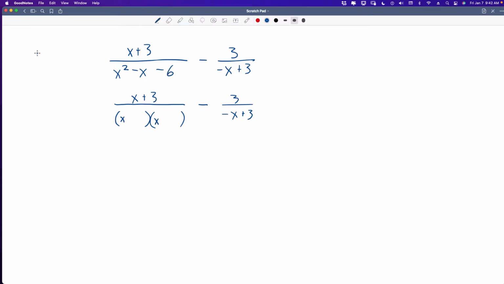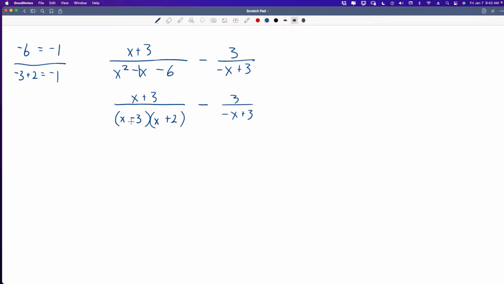Now we have to think about the factors of negative 6 that will add to -1. Right away I'm thinking -3 and +2, and when we combine those, we do get -1, so that's correct. So this will be -3, and this will be +2.